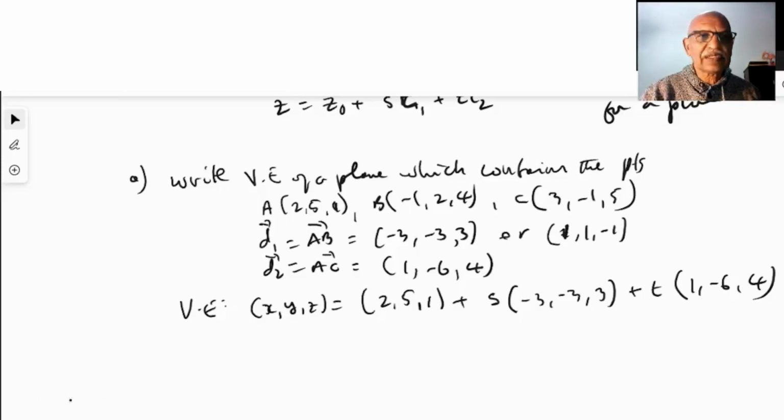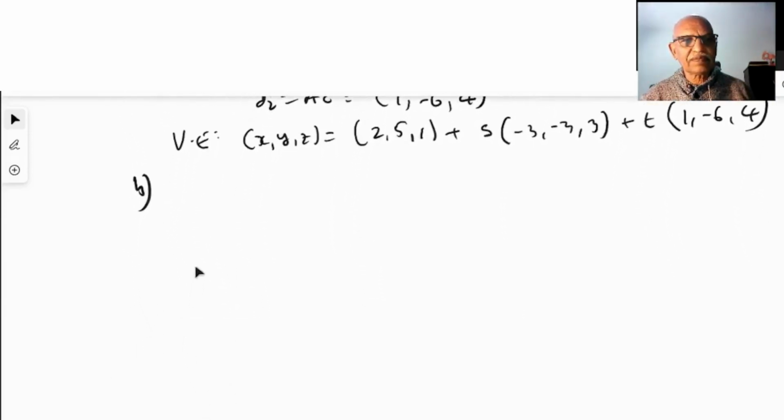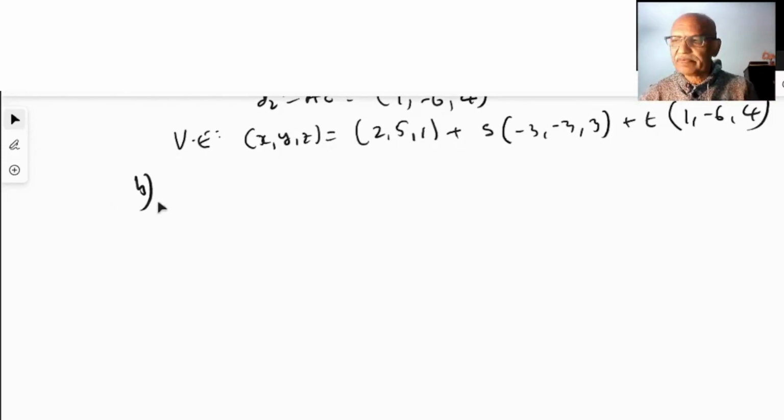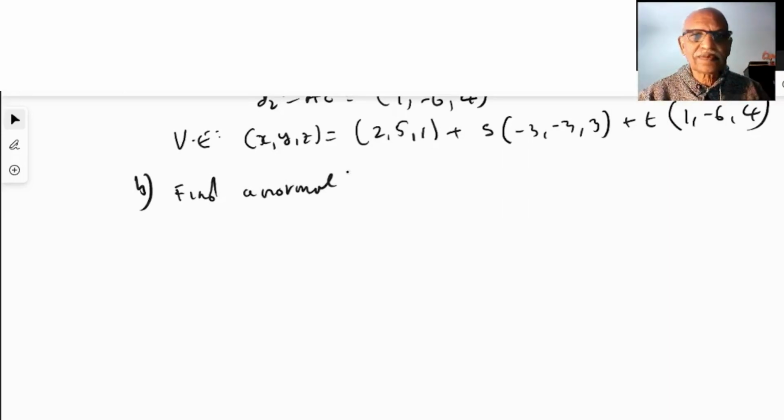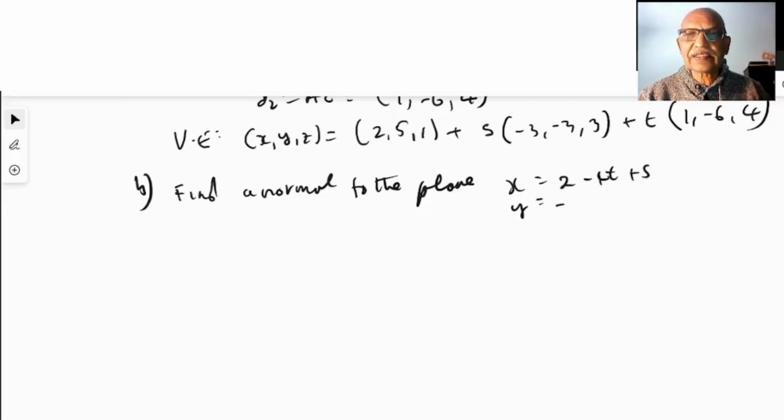Okay, the second one, B. Find a normal to the plane x equal to 2 minus 4t plus s, y equals negative 3 plus 2s, z equal to t minus 4s.